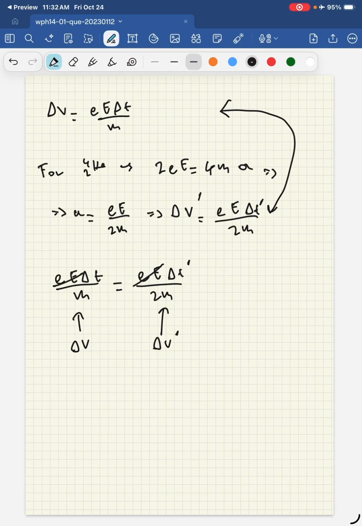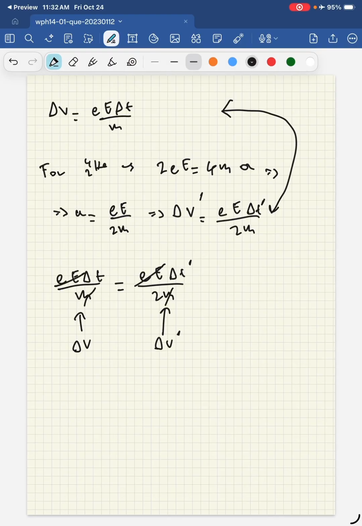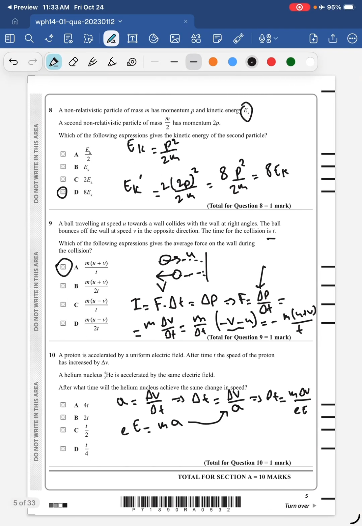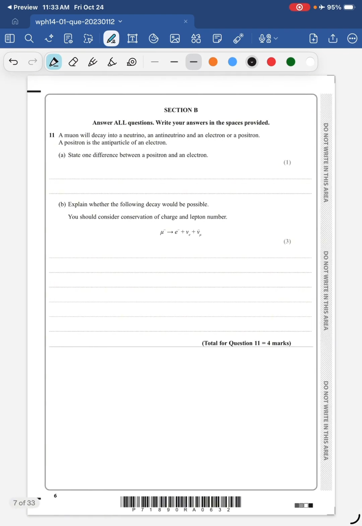So this goes away, this goes away. So delta t prime is 2 times delta t, okay? So the answer is B, okay? I already said it, this is a difficult paper, so let's move on.